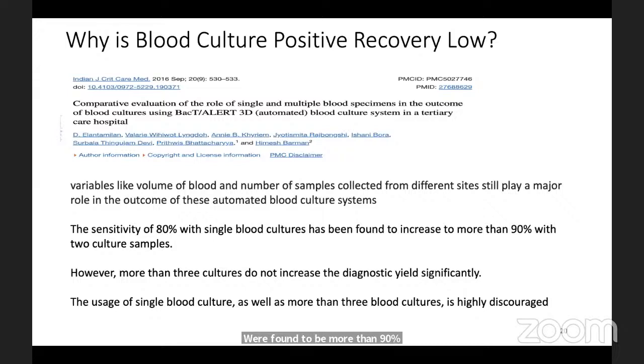I don't know if I'm making myself clear. So they did single bottle cultures for a group of patients. Now, among the same group of patients, 80% of them, when they did the double, were showing positivity. So this goes to reiterate the fact that the double set is very important in recovering positive blood cultures.